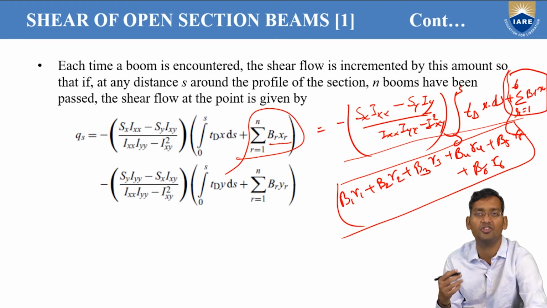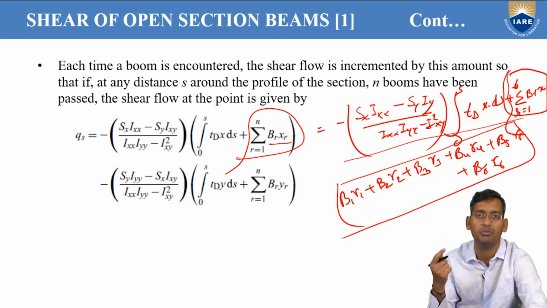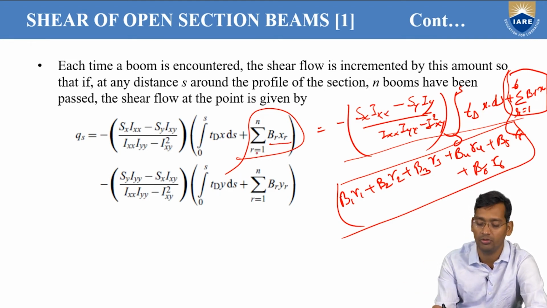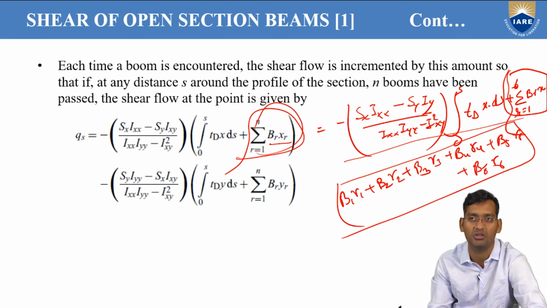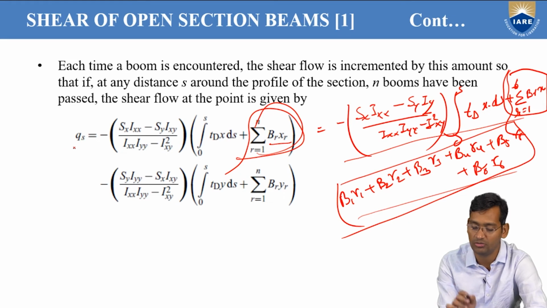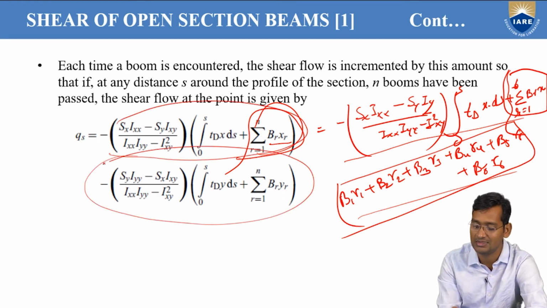From the starting itself, instead of finding 1, 2, 3, we assume B_r as the first and derive for that, and later we write it in the form of summation so that we can add as many booms as there are. So this total q_s will be equal to the first term minus this second term.